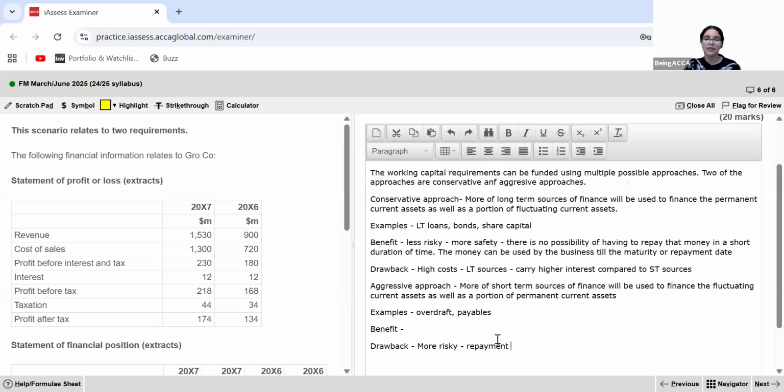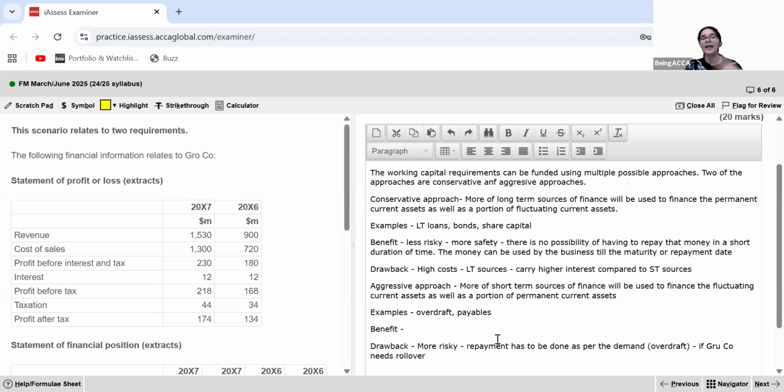The repayment has to be done as per the demand in terms of overdraft. So here there is a risk that if Gru company needs rollover, and rollover means I want the same loan. Let's suppose I took a loan for 3 months.